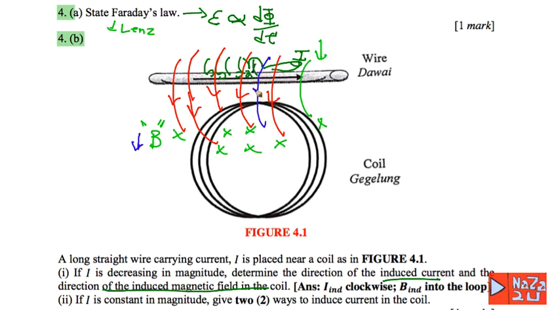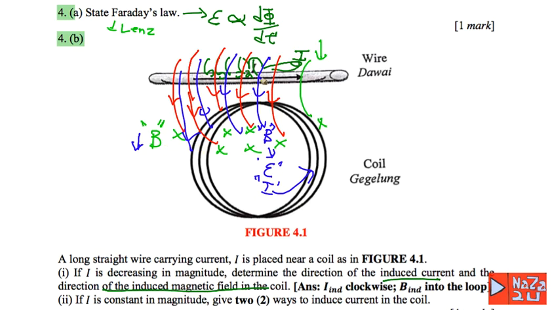So I use the blue color here. The blue color is B, the B produced by the induced EMF or induced current I in the coil. Because the initial B is decreased, to oppose it you must increase.